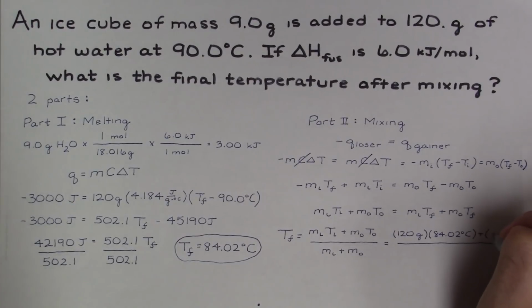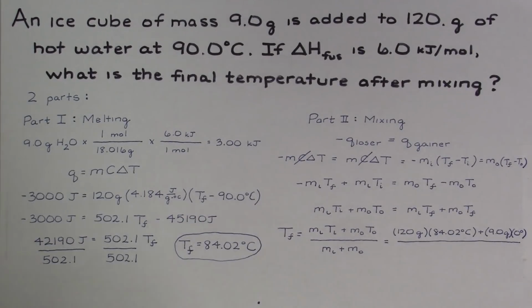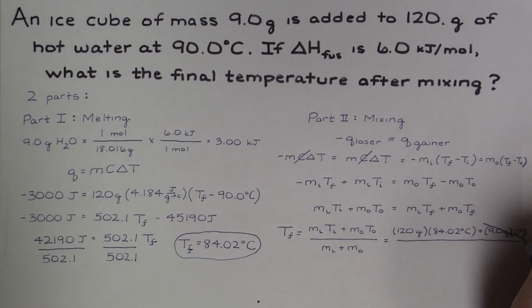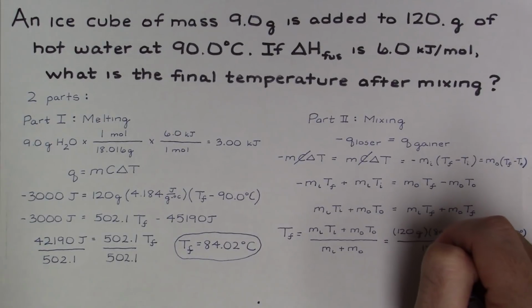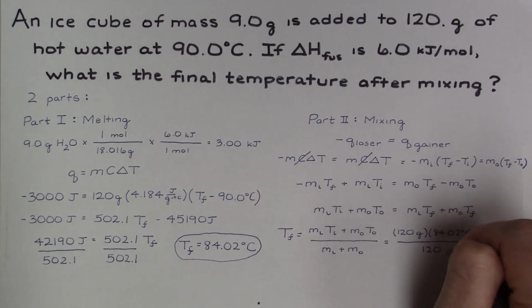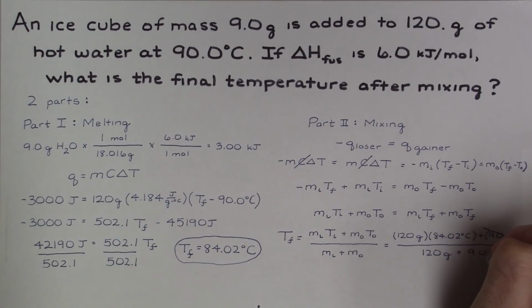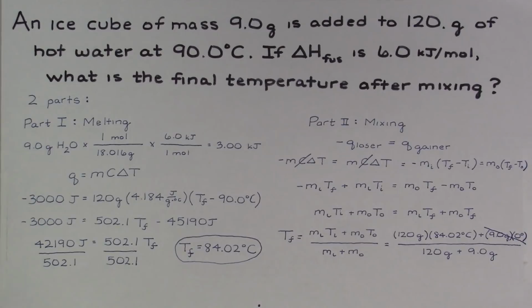We're now going to add that to the mass of our ice, so that is 9.0 grams. And our current initial temperature of that cold water is 0 degrees C. The good part about this term is that it will cancel to 0. 9 times 0 is 0. So if we go and sum the two masses on the bottom, that is 120 grams plus 9 grams, we'll be able to put this in the calculator.